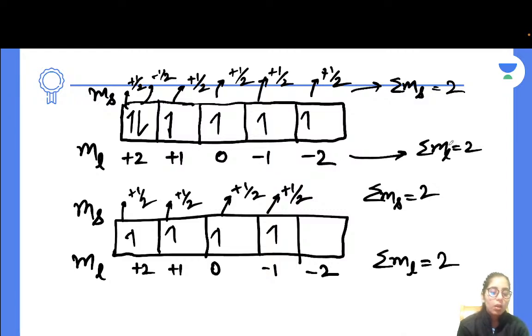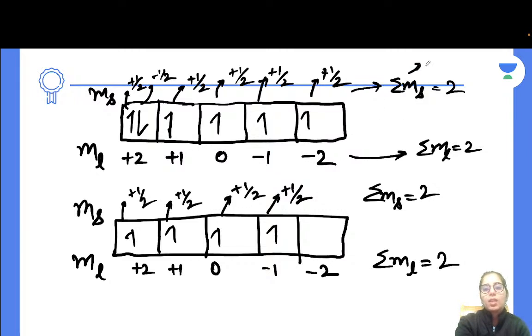But we are not working on finding the total number of spectroscopic terms right now. We are working on considering the ground state spectroscopic term. So this trick will only help you find the ground state spectroscopic term.